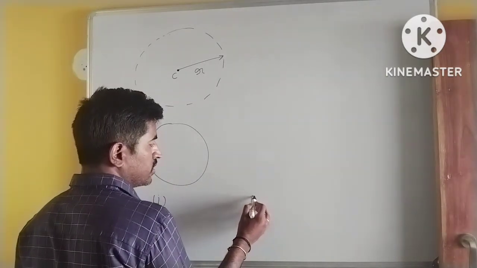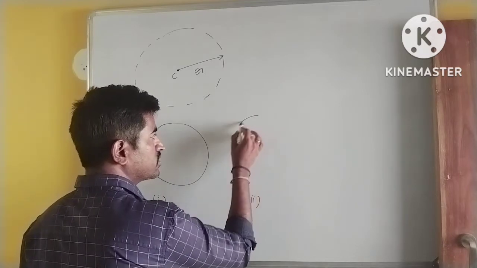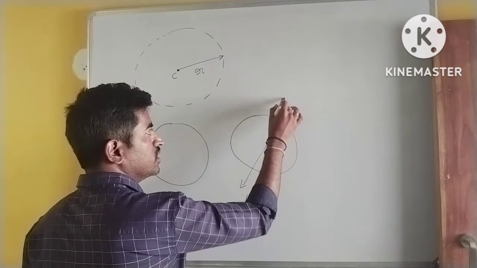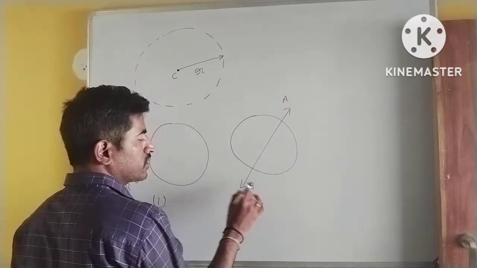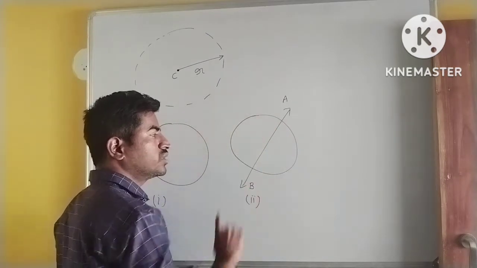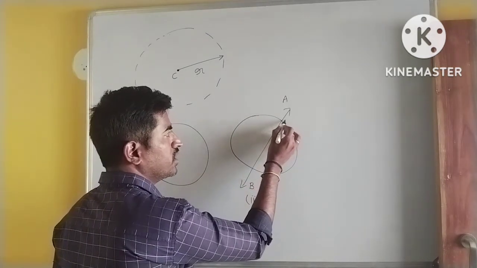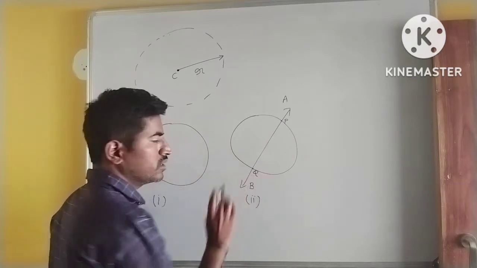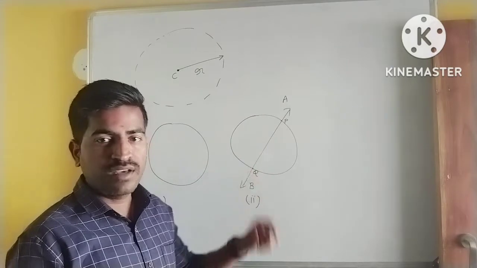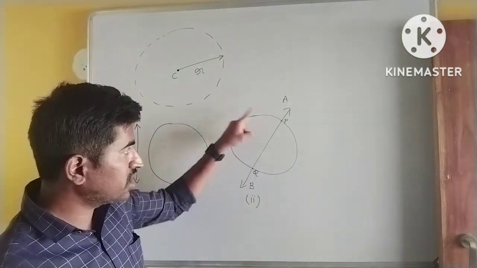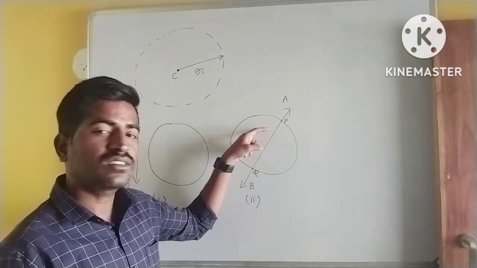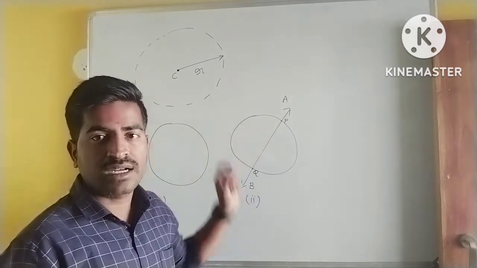In the second case, I can draw a circle and a line in this way. This is the line AB, and this line is intersecting the circle at two different points, say P and Q. So this is called a secant. Whenever a line cuts the circle at two different points, we say this line is called a secant line.